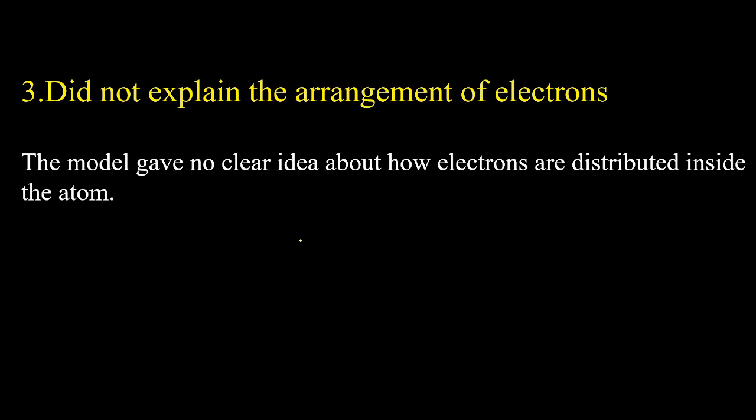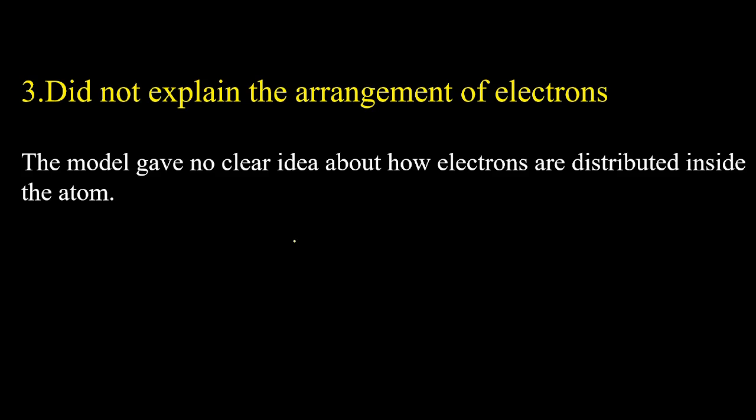Thus, the model gave no clear idea about how electrons are distributed inside the atom, though it explains the electric neutrality of the atom by explaining that the total negative charge becomes equal to the total positive charge of the sphere, but it is not sufficient, right?